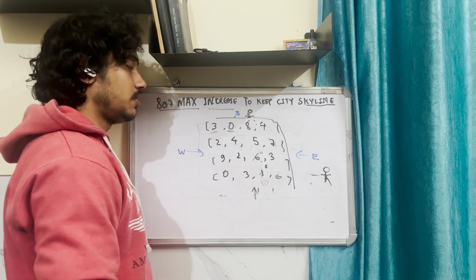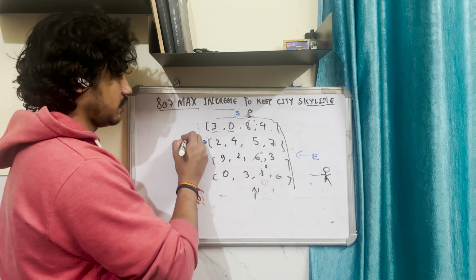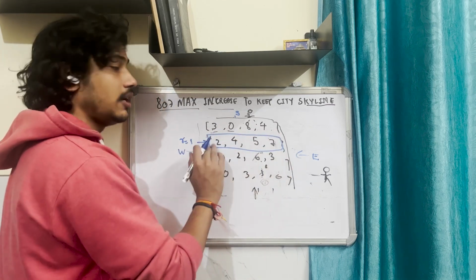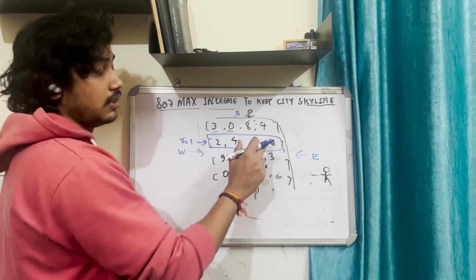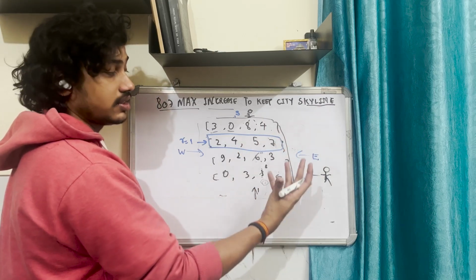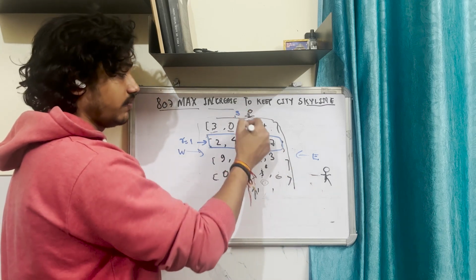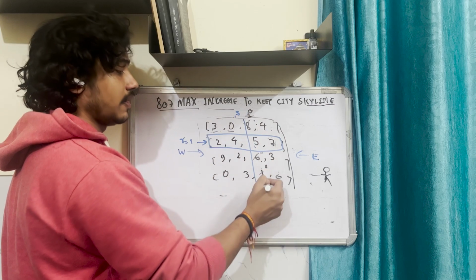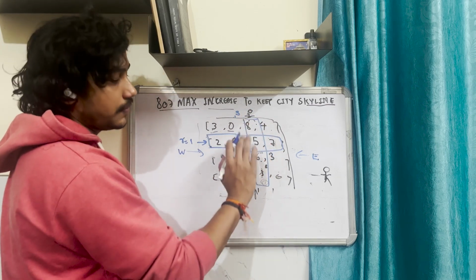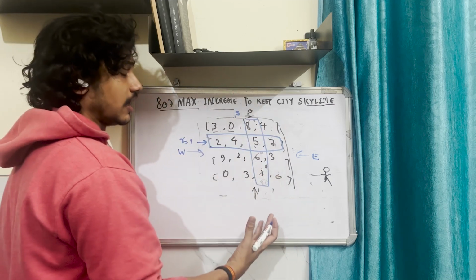So for this whole row, just think, for this whole row r equals 1, what can be your maximum possible building height? It is 7. If it exceeds 7, it will disturb the skyline. It should be somewhere less than or equal to 7. And for this whole column, if your highest was 8, then if it goes beyond 8, it will surely disturb the skyline.